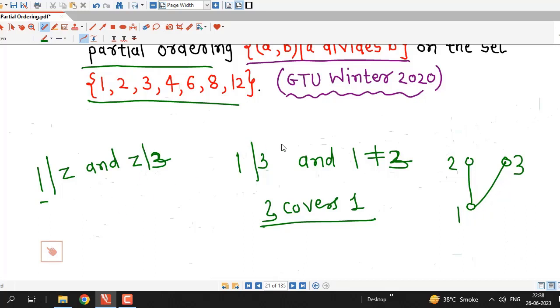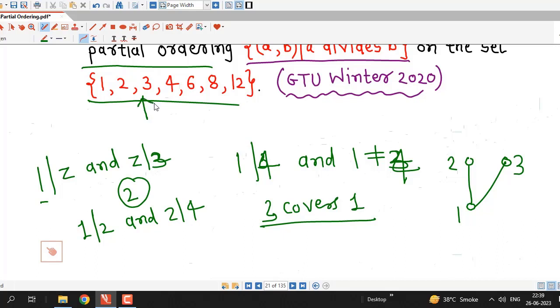Now for element 4, I can write that 1 divides 4 and 1 is not equal to 4. But 4 does not cover 1. Why? Because 1 divides 2 and 2 divides 4. There is a 2 in this set such that 1 divides 2 and 2 divides 4.